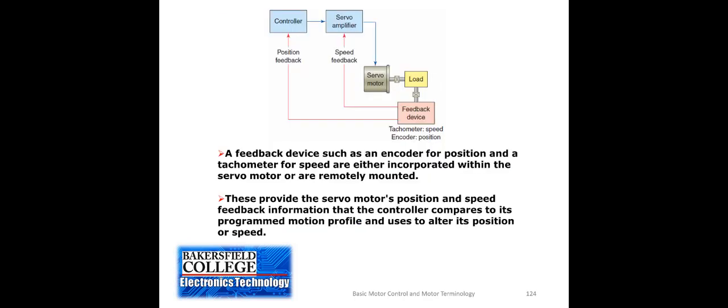The great thing about servo motors is that you can get them in a fraction of a horsepower, less than 1 horsepower in size, all the way up to dozens of horsepower. So we can create extremely powerful automated equipment using servo motors.